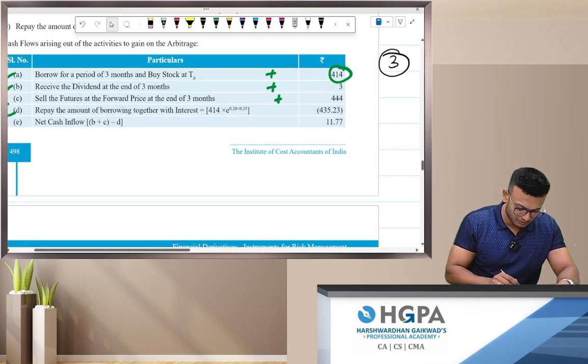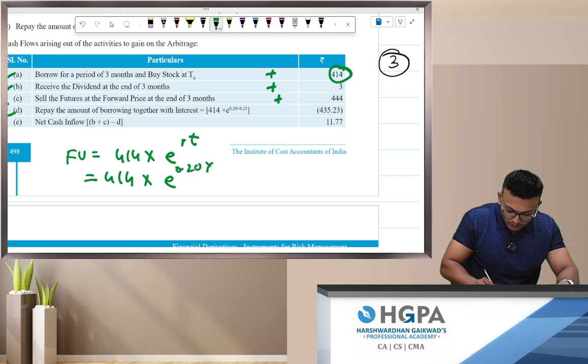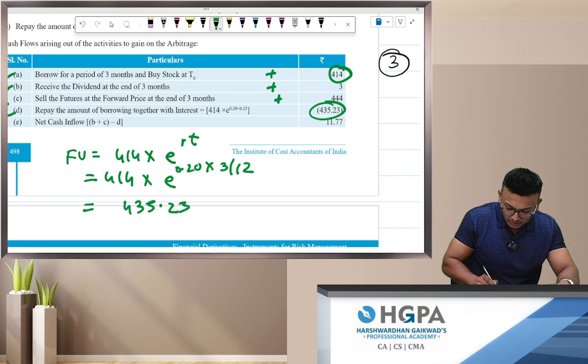To find the future value it is the same simple formula: 414 into e raised to RT. How much was the interest? 20%, right? 0.20 into 3 upon 12. If you solve this, you will get the answer 435.23.